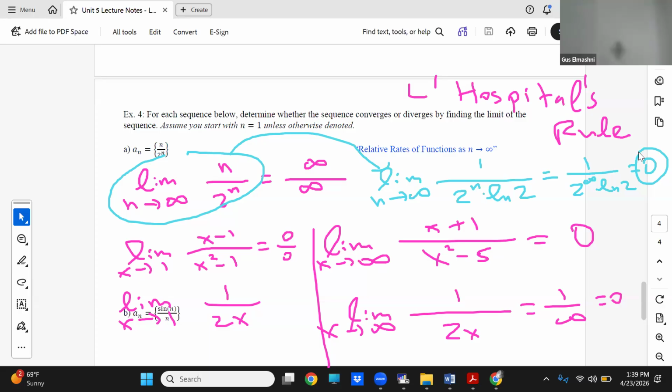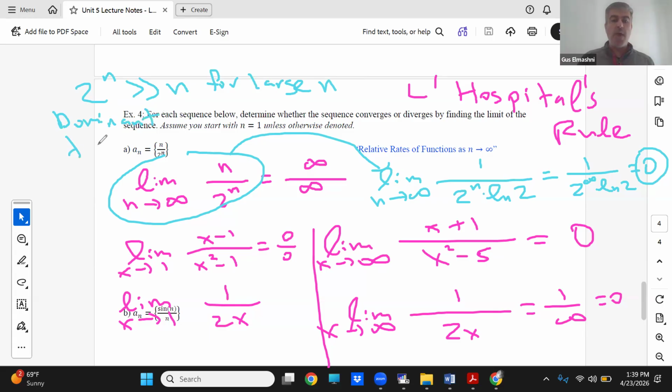So 2 to the n is much greater than n, for large n, because 2 to the n dominates. This is the dominant term. Because exponential functions increase way more quickly than n does.